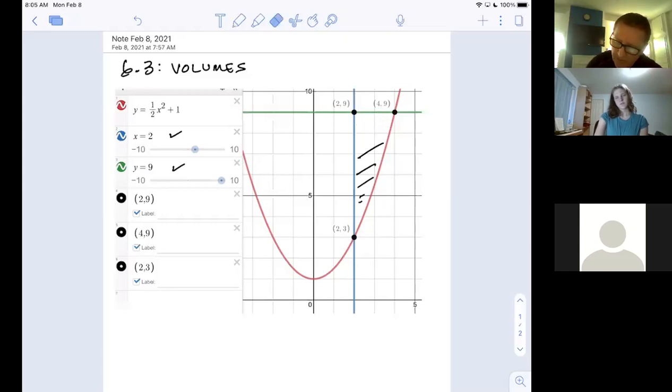I want to start with those just so that it makes the most sense to you. So we're going to take that area, but this time use it to make a volume. This is very contrived in my opinion. I don't really like these questions so much, but there's 3 or 4 of them in your assignment, and I want you to understand the logic.